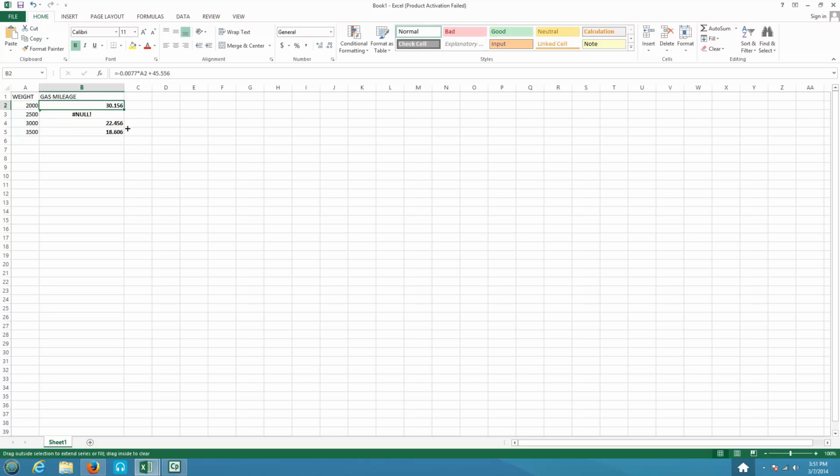Up top, the formula reads negative 0.0077 times 2,500 plus 45.56, which is 26.306. So these values come from plugging the weight into that original formula.